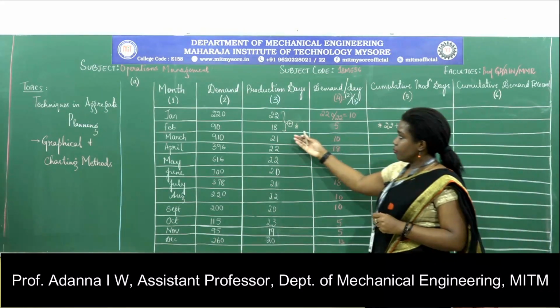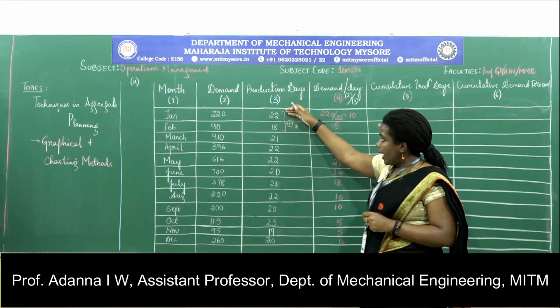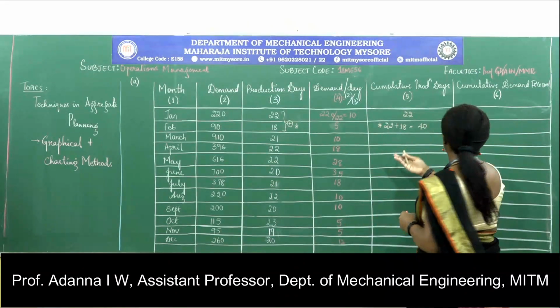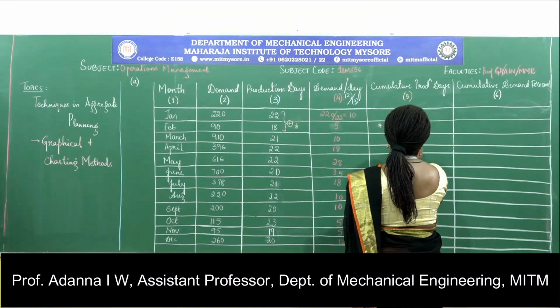Then I need to find out the cumulative production days in the month of March. Add January, February, March, or simply 40 plus 21. It is 61.